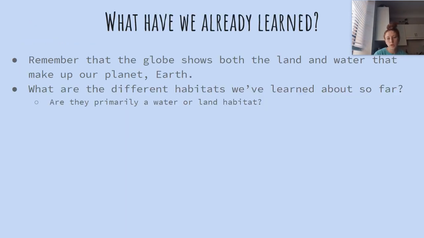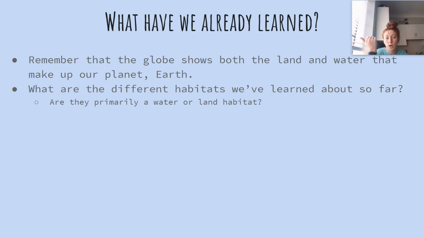All right, so what have we already learned? What is the earth made out of? Like the surface of the earth, what is covering our earth? Continents and oceans, or more simply, land and water. Okay, what are some of the different habitats that we've already learned about?